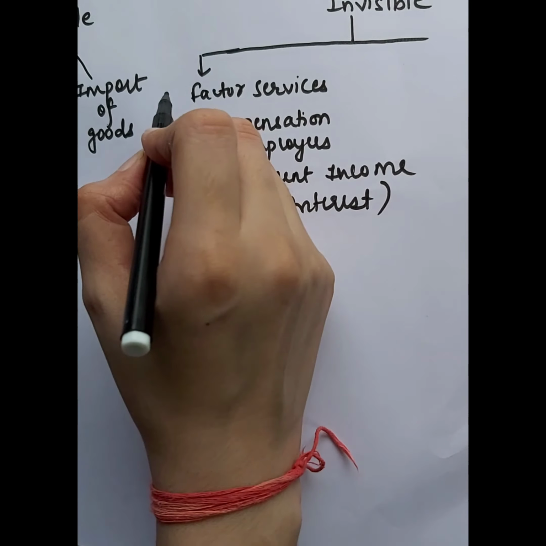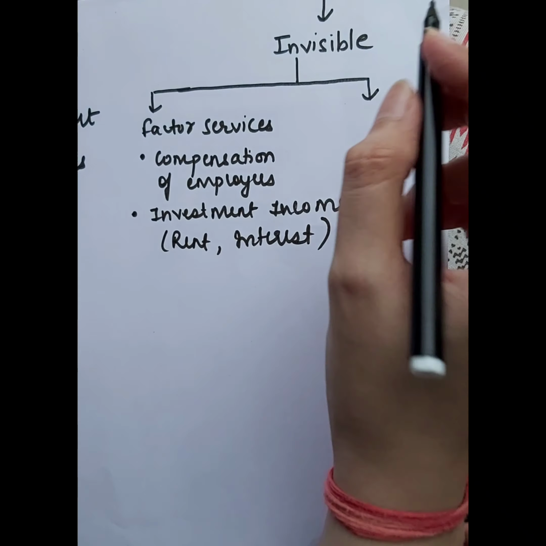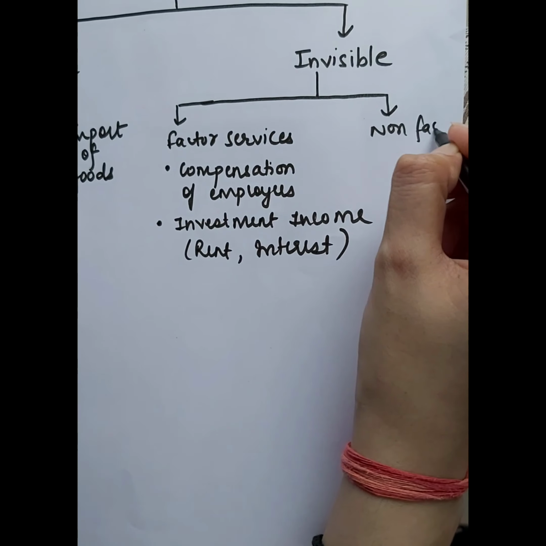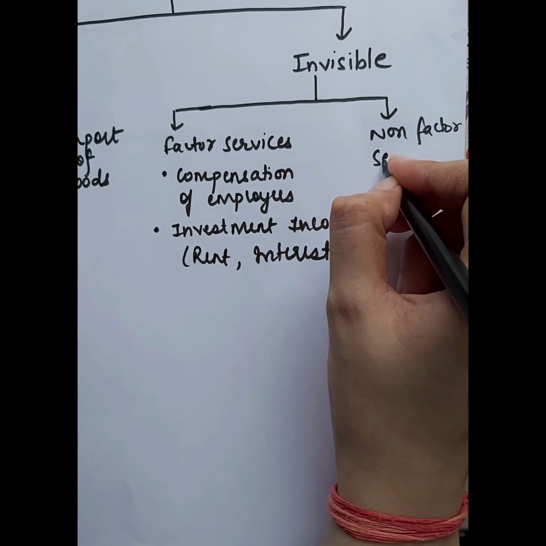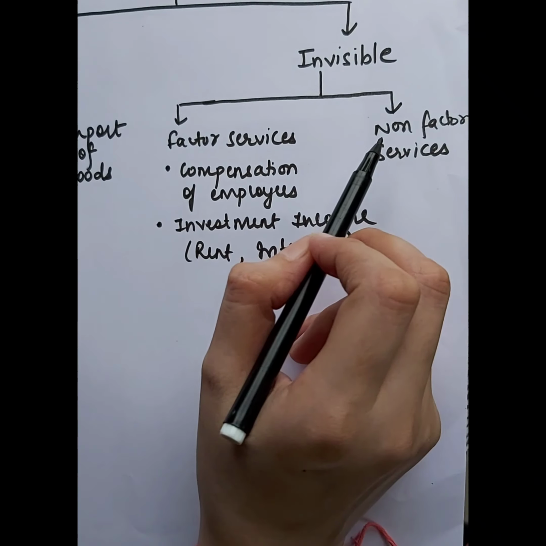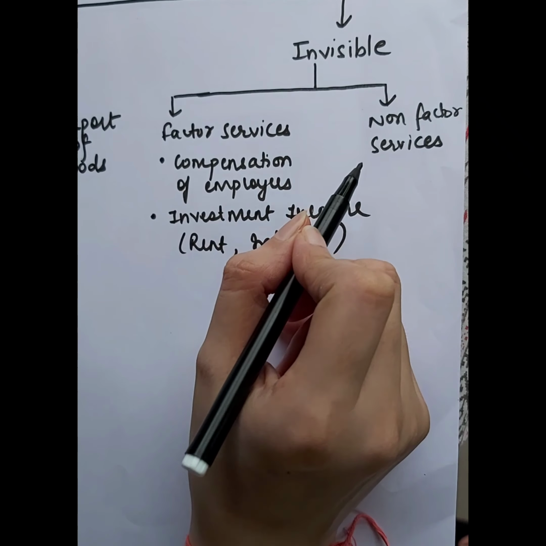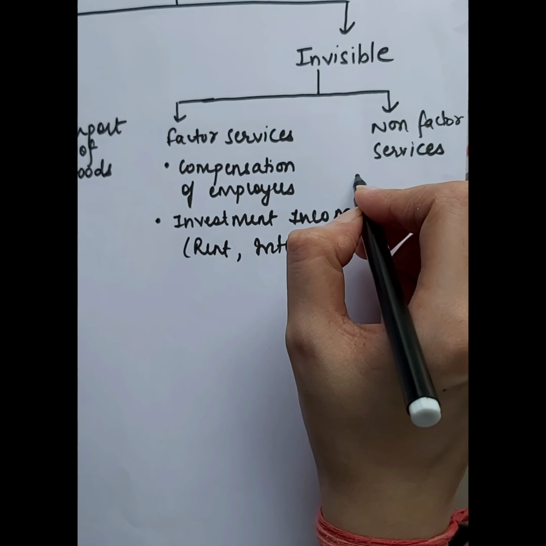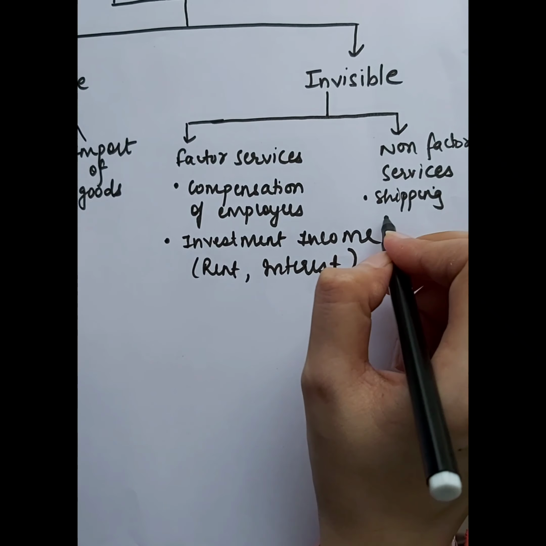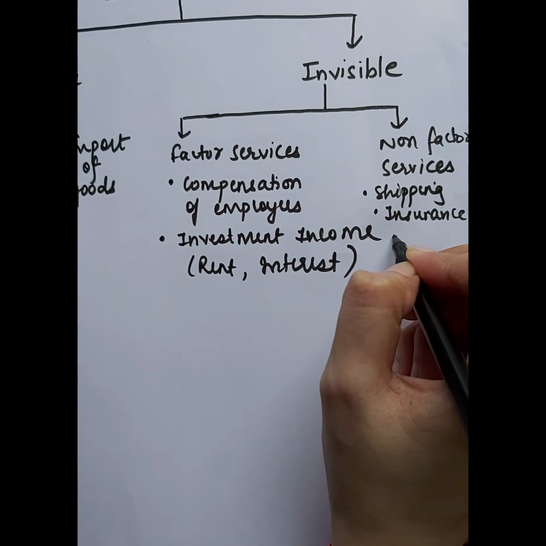Now the second component of the invisible part of current account is non-factor services. The question arises, what all comes under non-factor services? These can include things such as shipping, insurance or banking.